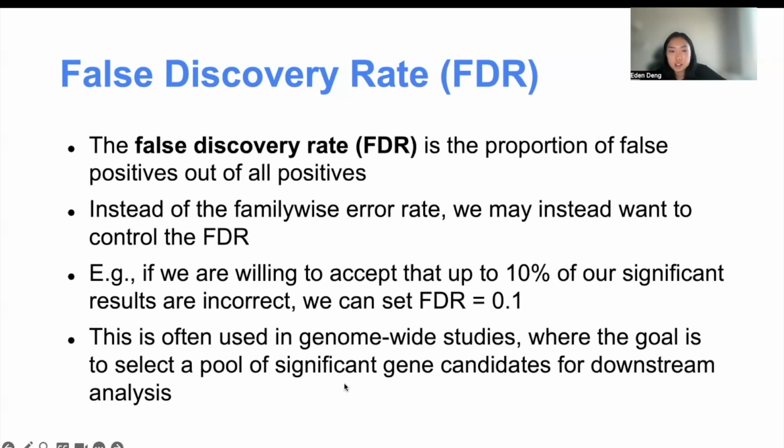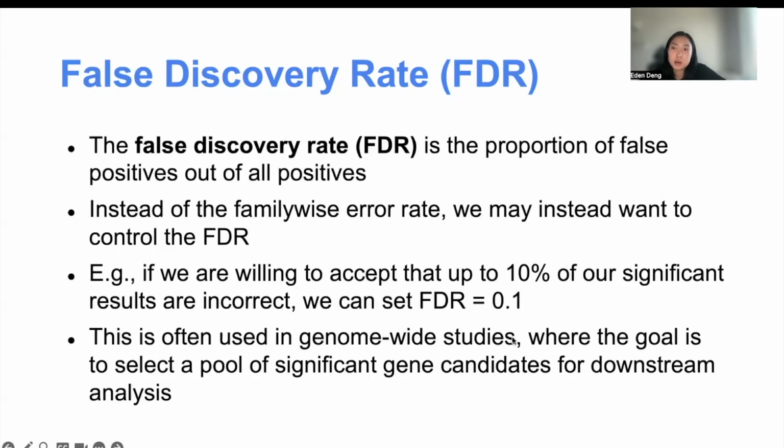An important distinction is that the false discovery rate and the significance level, or the alpha level, have quite different meanings. If I were to present some gene candidates to you and say, okay, about 10% of these significant genes I found are actually not significant, you would still find most of those genes to be useful and meaningful for downstream analysis.